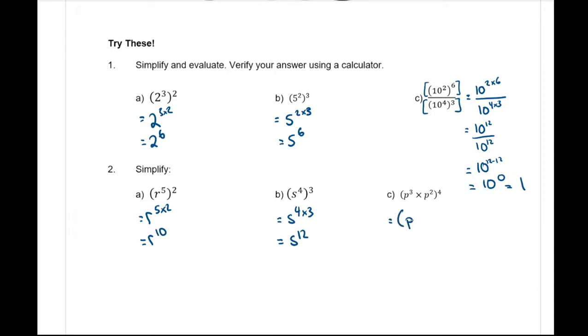So in the brackets I have p to the power of 3 plus 2, all to the power of 4. I get p to the power of 5 to the power of 4. Now it's a power of a power, so it's 5 times 4, p to the power of 20.